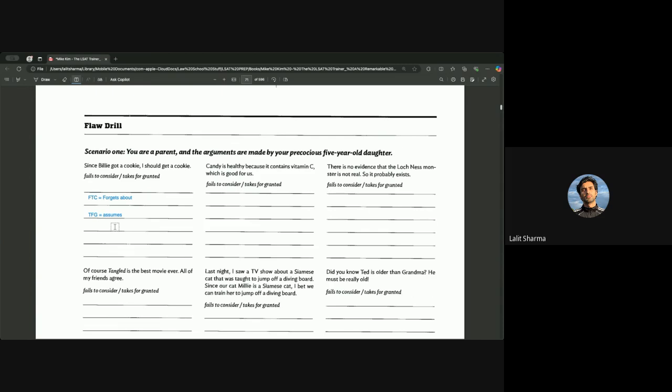Do you think you could take that same flaw that you pointed out? Let me write it down so it's a little bit easier. So let's say we take that same flaw, forgets about the possibility that there could be another player with the same stats, another forward, let's say.